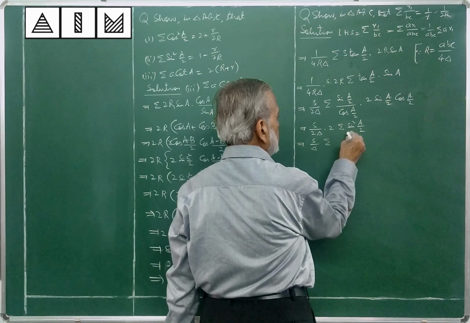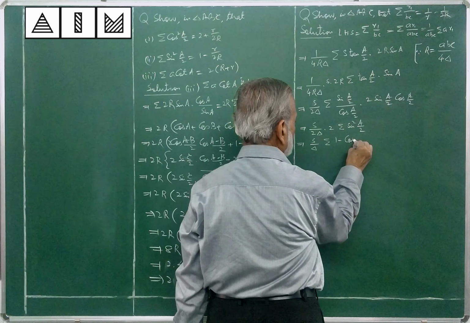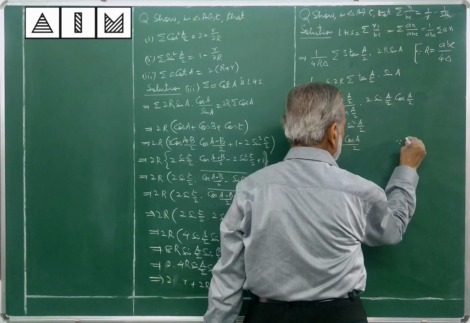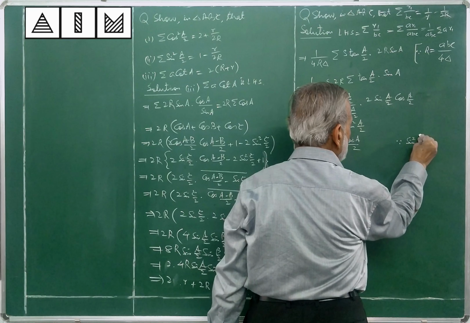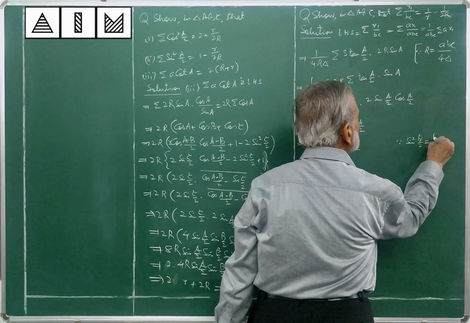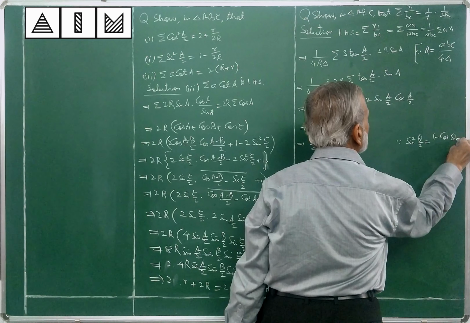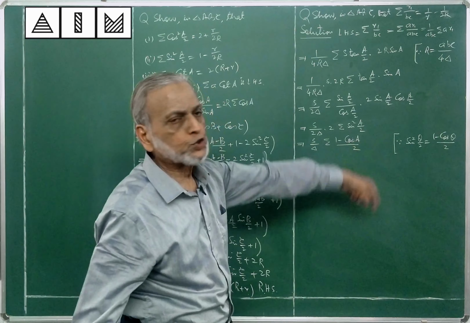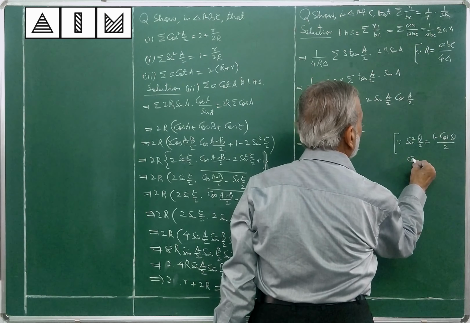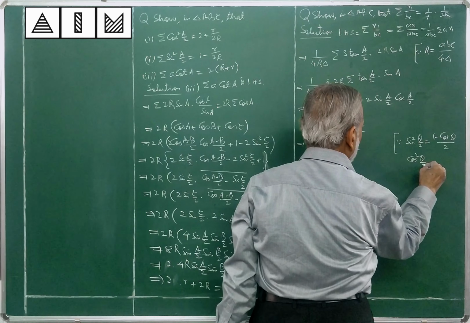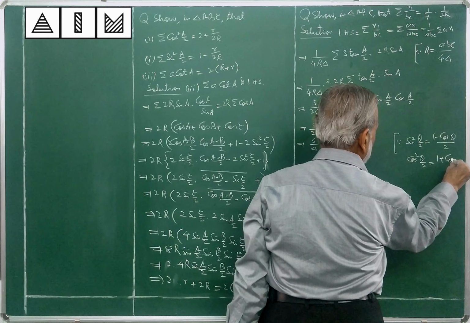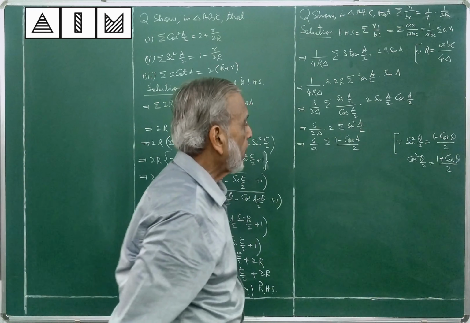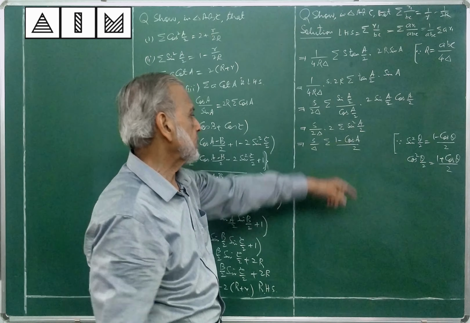See here, for sin square A by 2 there is a formula, 1 minus cos A by 2. Earlier also we have used it, I am quoting that formula here. In the case of cos square theta by 2, please recall this is 1 plus cos theta by 2. That formula also may be required in some question. I have written sin square theta by 2 as 1 minus cos A by 2.